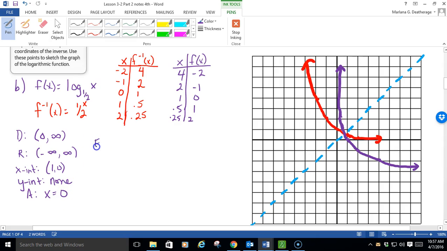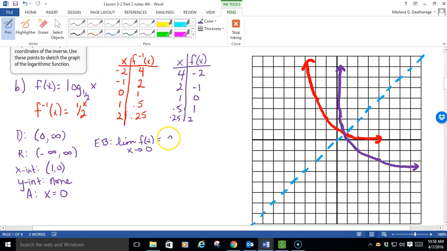End behavior. Okay, as you move to the left, you're not approaching negative infinity. You're approaching 0 going this way. And what is y doing as x is approaching 0? It's getting higher and higher and higher, right?